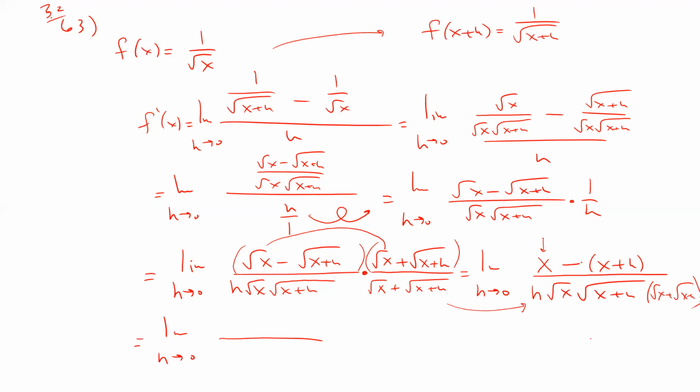Okay, and then the x's are gonna cancel themselves out as you distribute the negative here. So now I have a negative h on top, h on the bottom, and I know what's gonna happen there now. Wait, why do we?